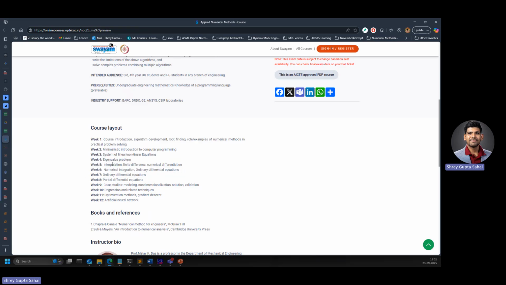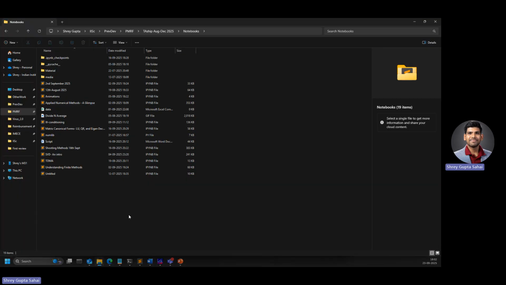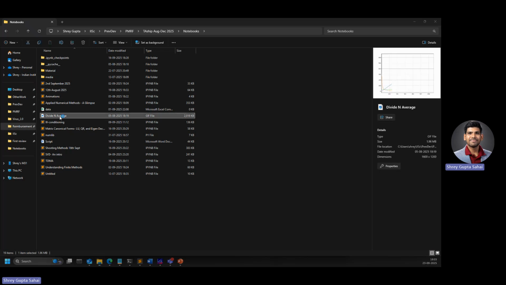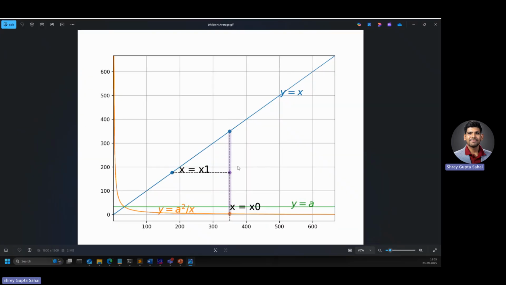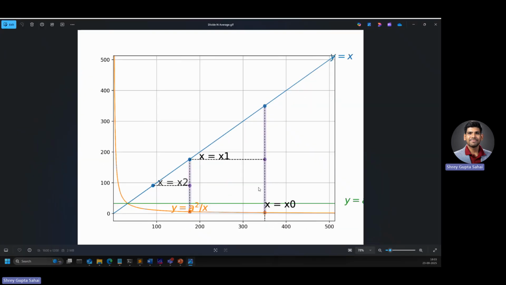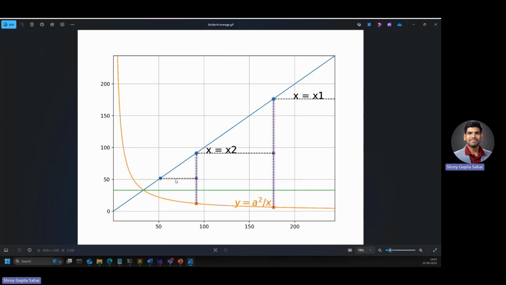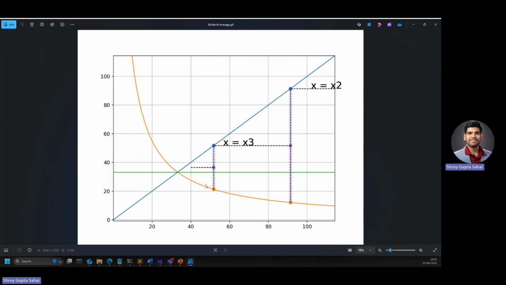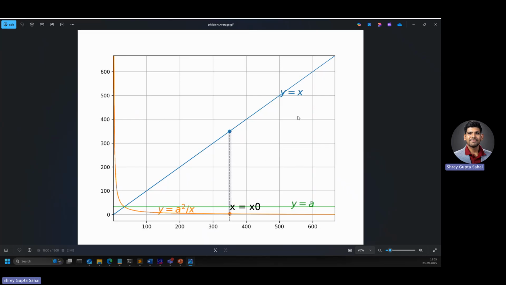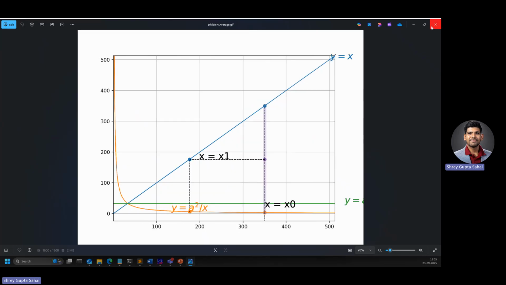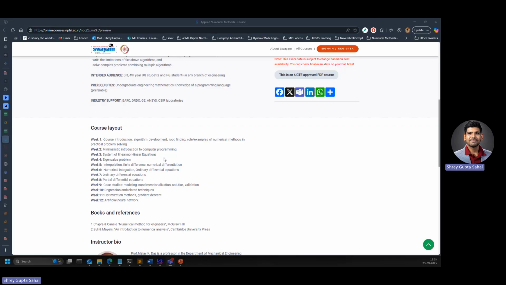We did begin with some glimpse of numerical methods, the big umbrella the numerical methods cover. We started with our discussion on the divide and average method, where we were trying to find the square root of a number, and the approach of how it can be done numerically. That was essentially the first week.